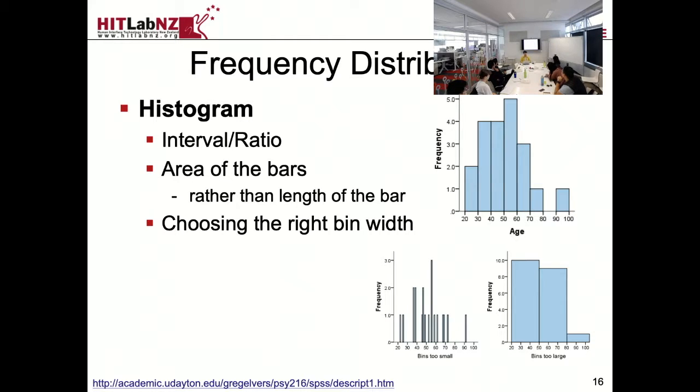Also, when we use interval or ratio data, we represent its frequency with a histogram. Each histogram bin represents a certain range, so each bin represents each frequency here.